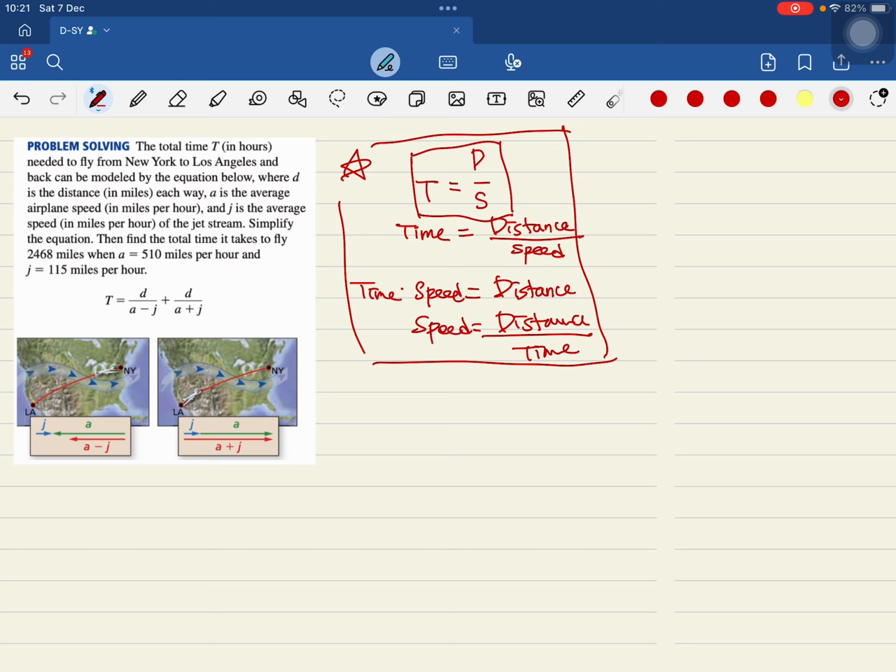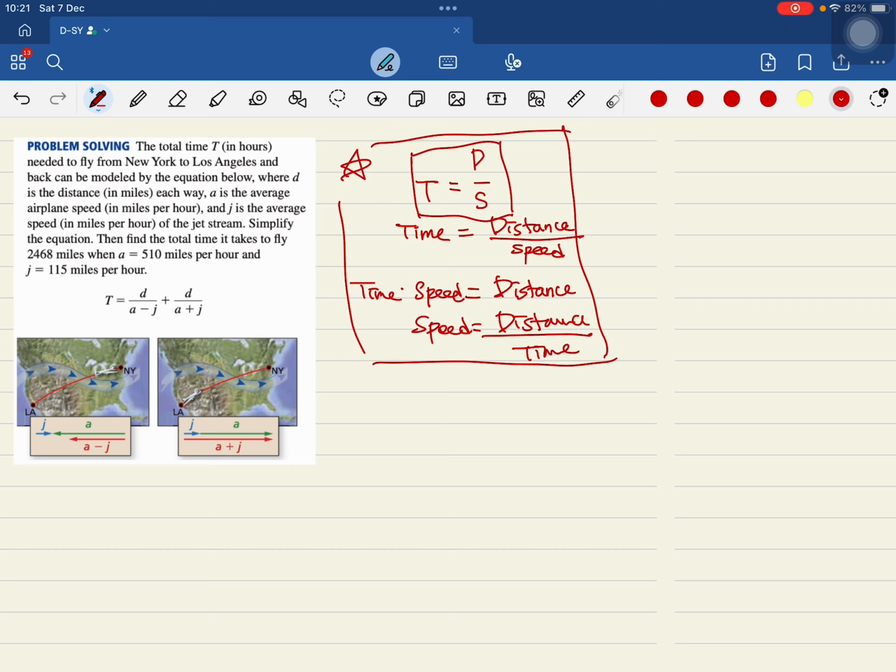If the airplane and the jet stream go in the same direction, then the jet stream is helping the flight of the airplane.